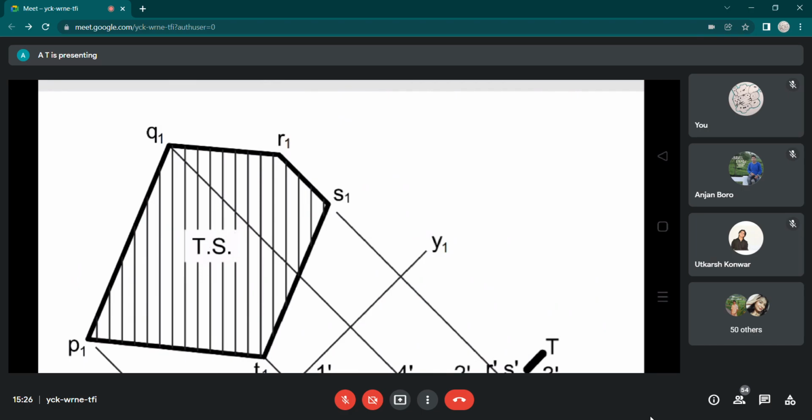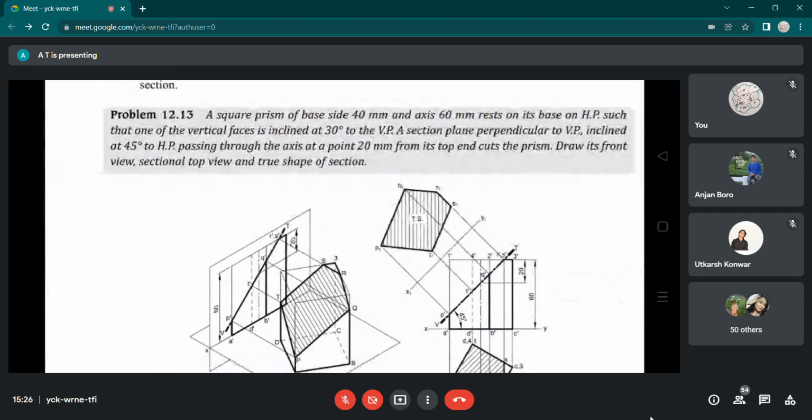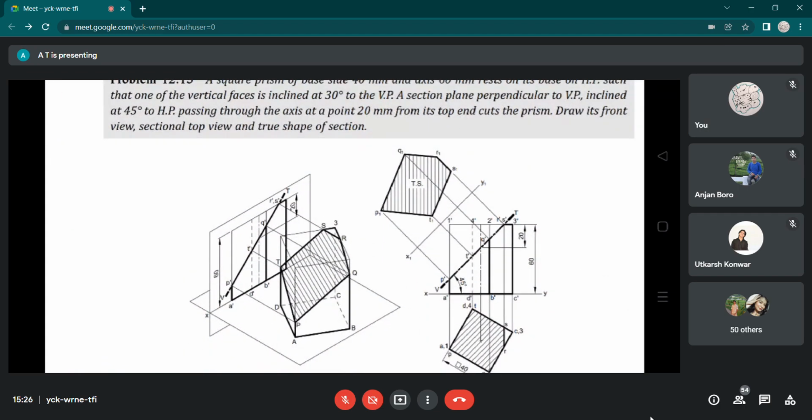Same distance. Clear? Rest you can draw it, not an issue. Understood up to this? Any doubt, please ask me. If you have any doubt regarding this figure, please ask me.